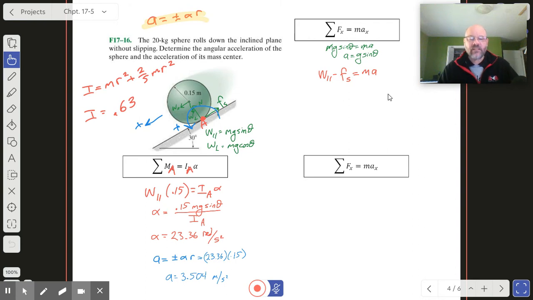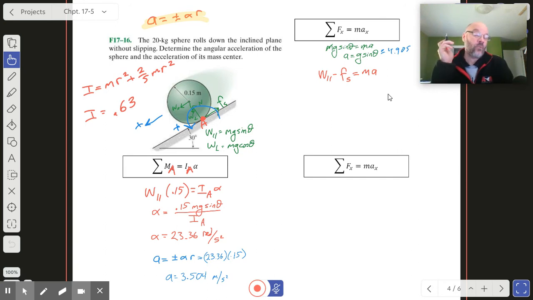Now, what's the effect of the rolling? Well, we got that the acceleration was that 3.5 number. And we said if it hadn't slid, then we would have had this number up here. Now, sine of 30 is a half, so that would have been 4.905.